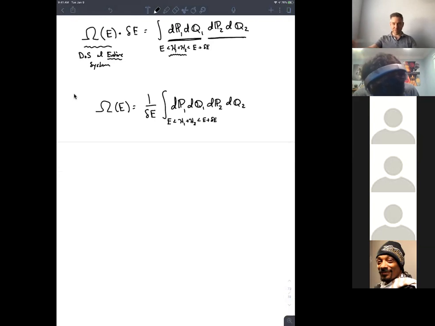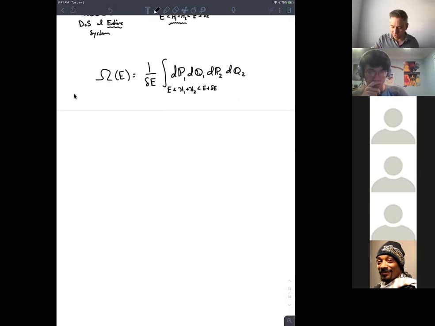Now this is in terms of the phase space variables, and it is the density of states for the entire system. Now I want to split this up: I want to express the density of states of the entire system in terms of the density of states available to each of the two subsystems. What I'm going to assert is that this is correct.